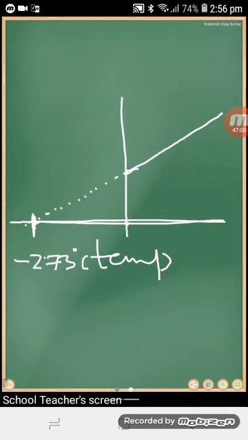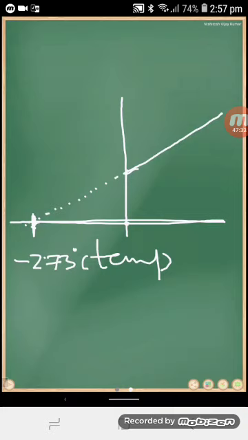So that is how it has been determined that at this point the kinetic energy will become zero, which means the velocity of the particle will become zero, because mass is not going to be zero. Kinetic energy has two parameters, mass and velocity only. So mass can't be zero. What is the parameter which is going to be zero? Velocity. So that means the motion is going to cease.